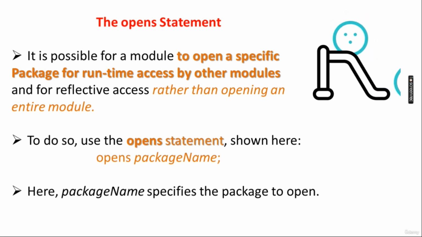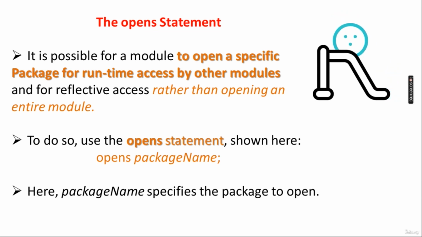But with the opens keyword, the module can give runtime accessibility to a particular package and for reflective access. The syntax is opens package name, where the package name is the package which will be available to other modules at runtime.